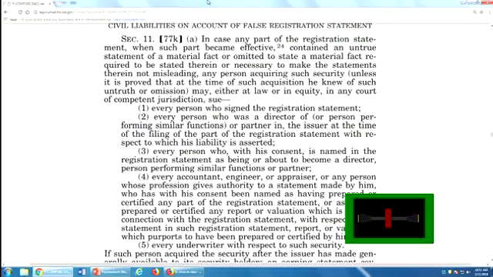The due diligence defense for a non-issuer defendant is, in fact, much, much more contested, right? So there, the claim, and this is in many ways really the last backstop to Section 11 liability, right?